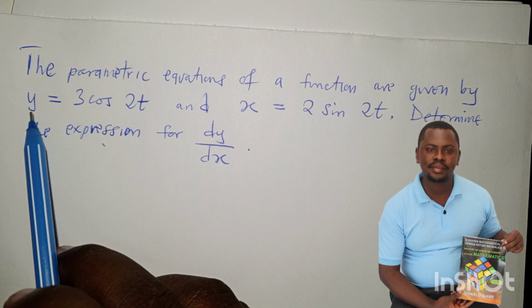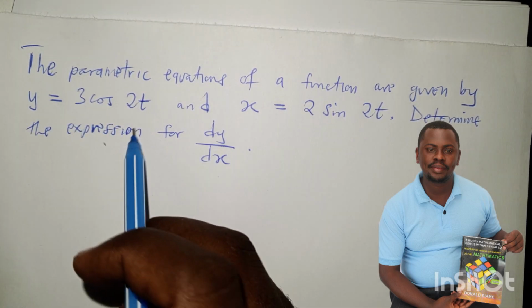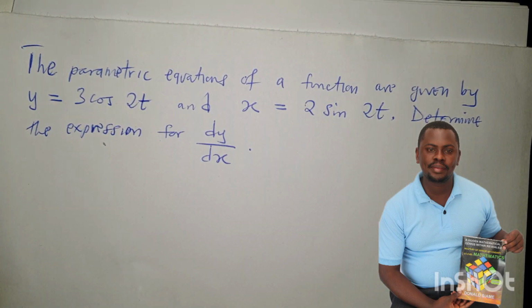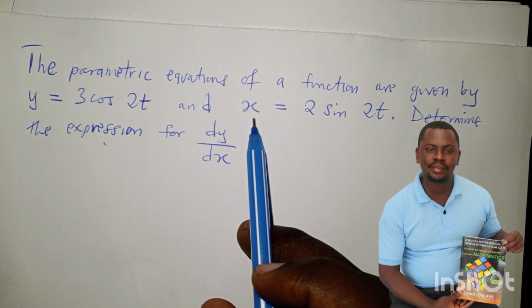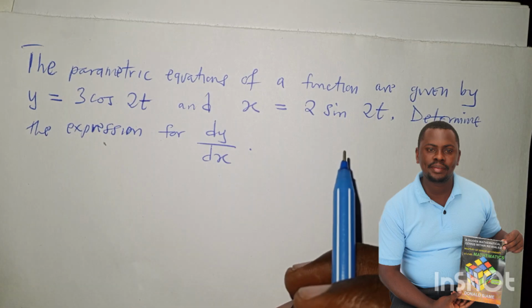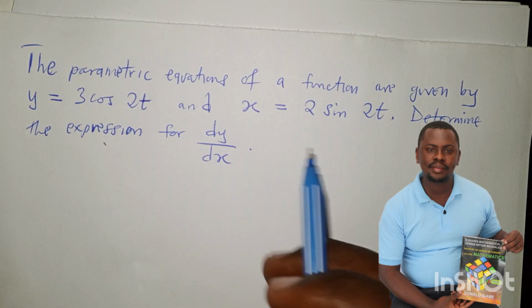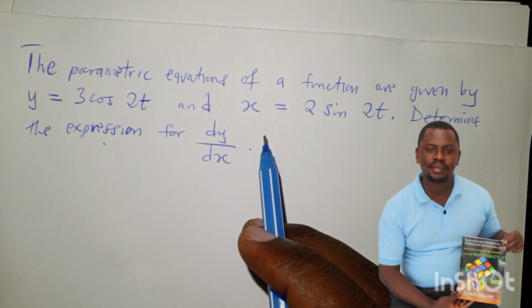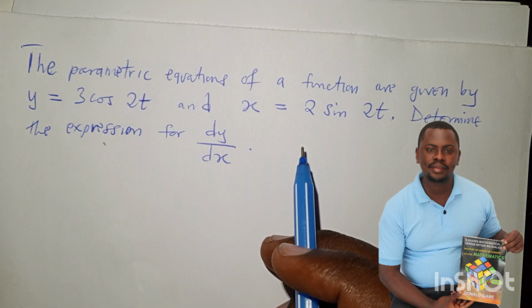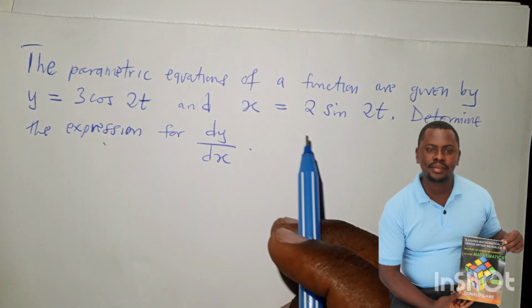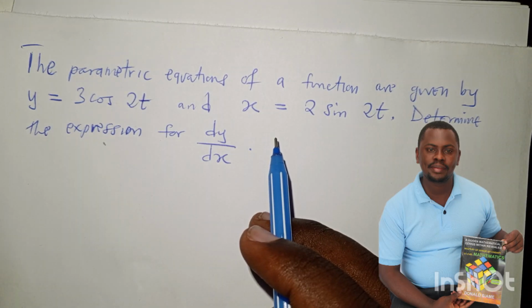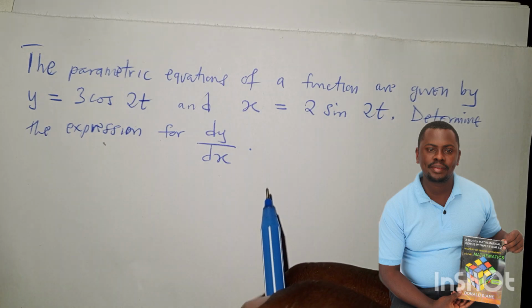From the function y = 3 cos 2t, we can get the derivative of y with respect to t. And here we have x = 2 sin 2t. So from here we can get the derivative of x with respect to t, or the derivative of t with respect to x.